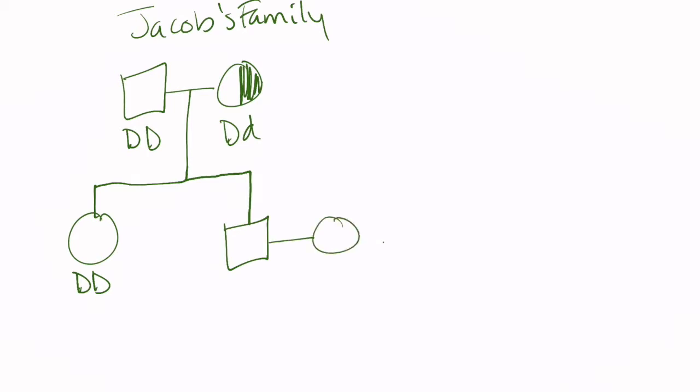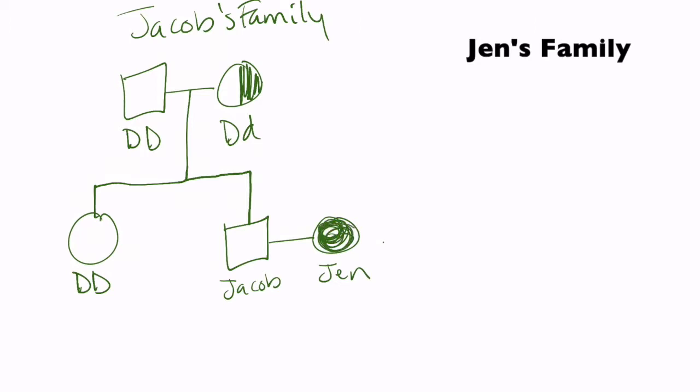So here's his wife, Jennifer. Okay, we know that she has the power of animation. So that must mean that she is homozygous recessive, so we're going to shade her in. So we do know her genotype here. Jen has a brother. He is a carrier for animation.